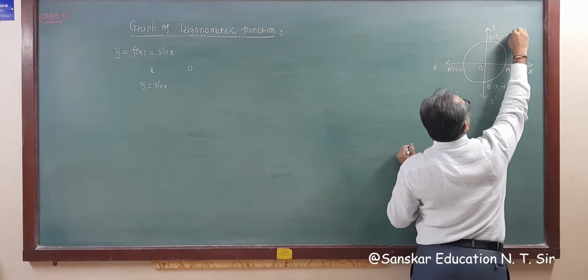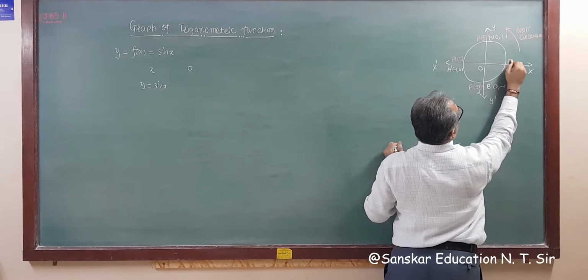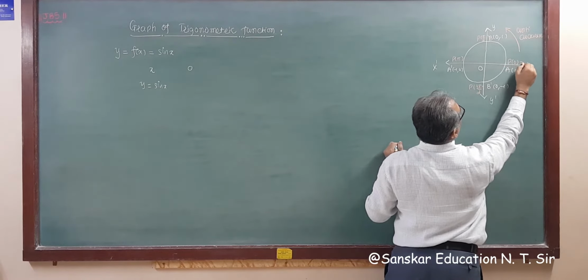So anti-clockwise, we get here the trigonometric point P pi by 2. This is the trigonometric point P pi. This is P 3 pi by 2, and this is again P0 and P 2 pi after completing one revolution or one rotation, right? If we go anti-clockwise.